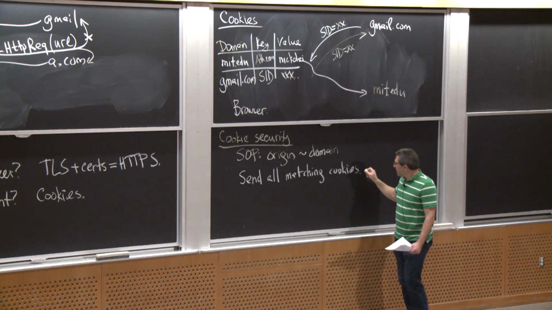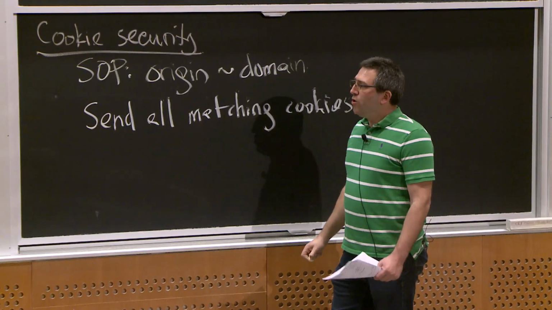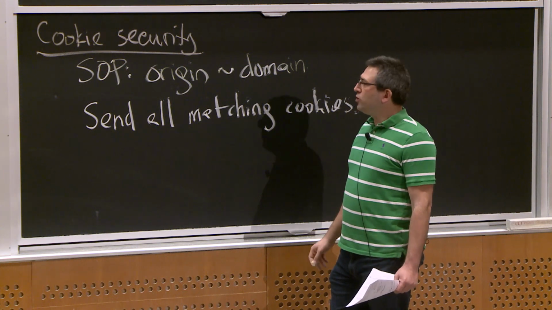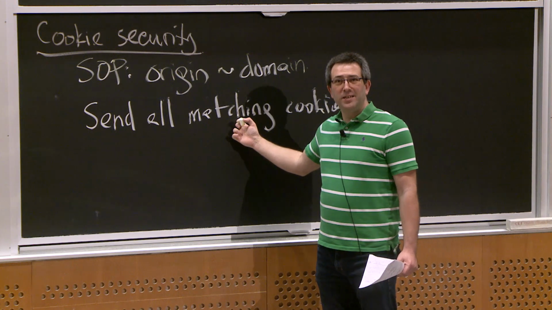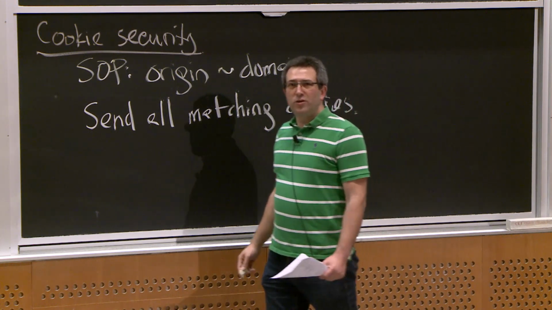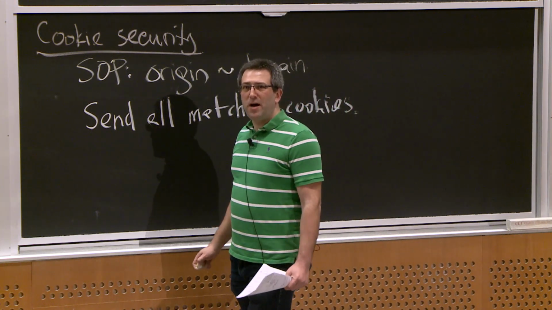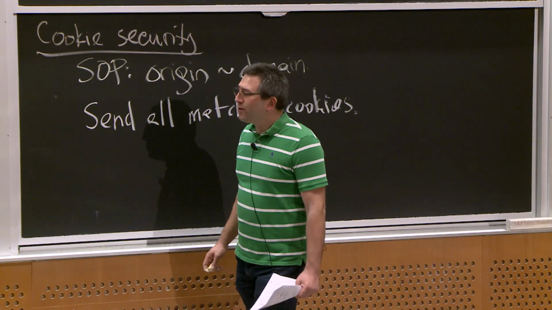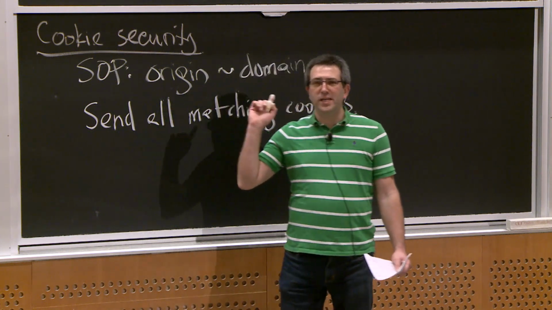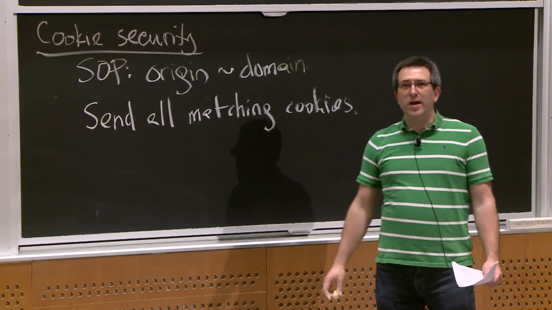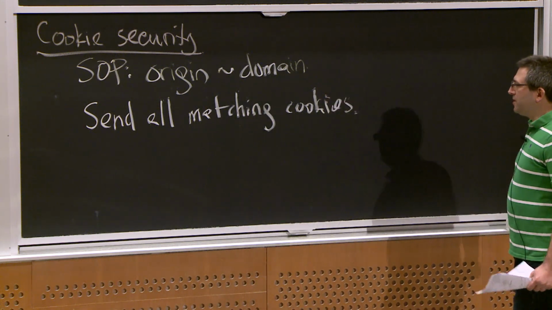And the important thing here is that it doesn't matter which origin triggered this request from the browser side. So even if Facebook creates a link to some other site, or if a.com creates a link to Gmail, when you click on that link from a.com, you're going to be sending all of your cookies to Gmail. That's a little bit fishy.